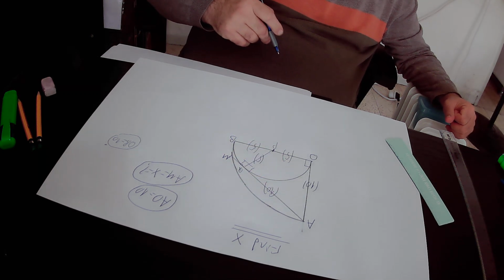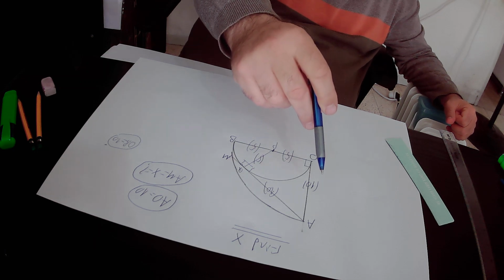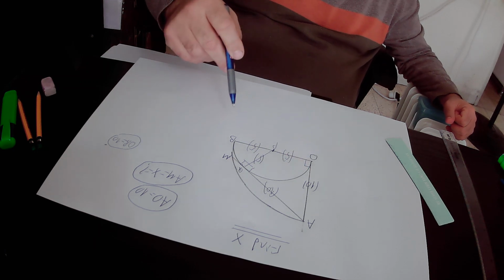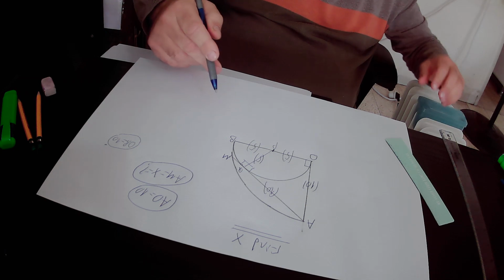In the next step, we will extend side AM and side OB by a straight line until they touch each other.